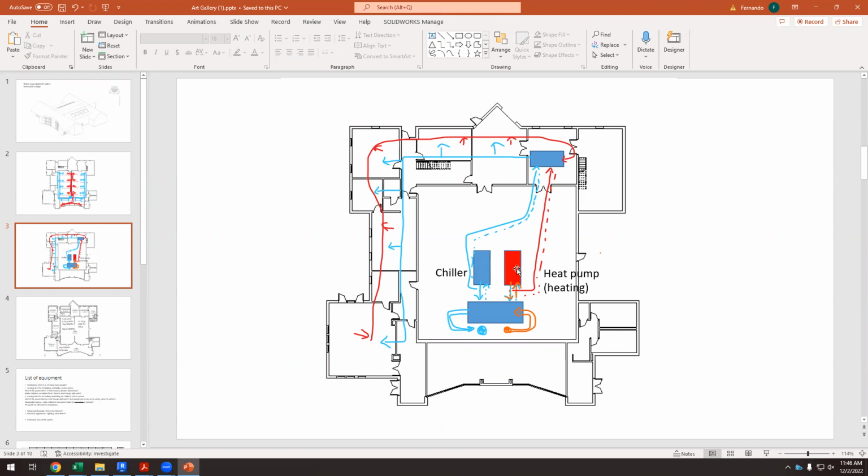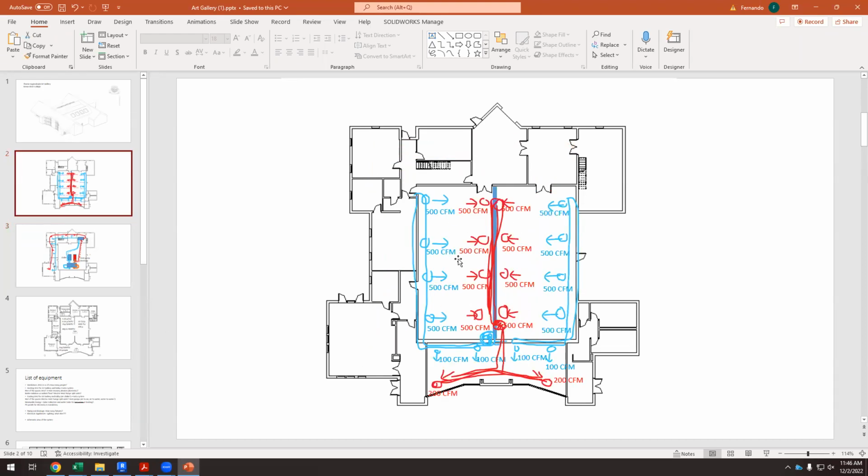And why is that? Because at some point, especially when we have different spaces like this, we have an art gallery with 200 people, and here we have an office with only one person. This person can and might need heating, and we might need cooling for the main art gallery.